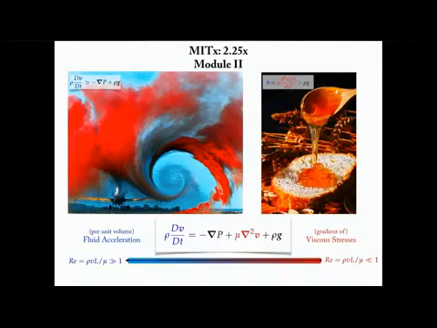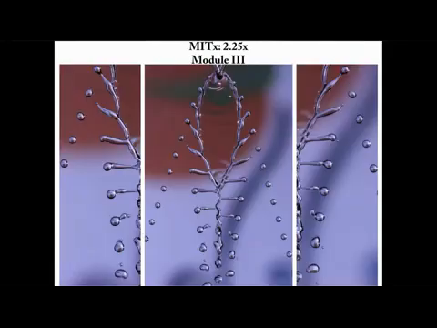But still there is one part that is missing, and the question is what will happen when we are somewhere in the middle, when both inertia and viscous effects are important. The other thing that may come to mind is what will happen to free surfaces. For example, so far we have not talked about surface tension or capillary effects. These are all things that we leave to cover in Module 3.